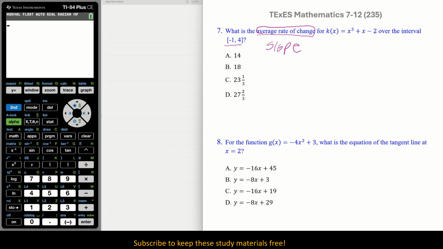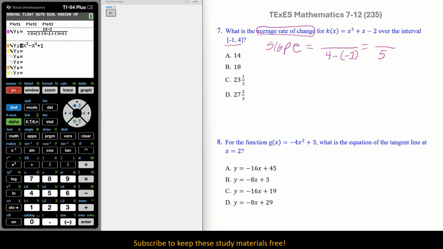Now, if they didn't give us that interval, we could not really answer this question, okay? So anyway, put it in the calculator and look at the values. We have for our numerator, we have the values for our denominator. Okay, so that will be 4 minus the minus 1. So we know that that will be 5.